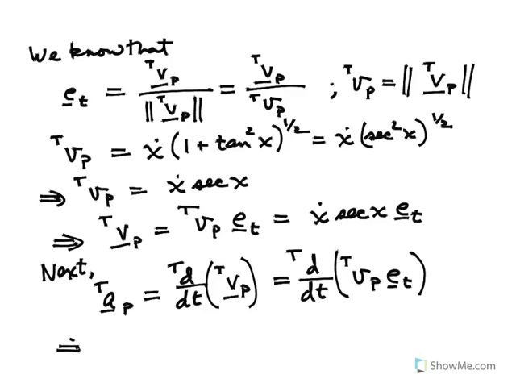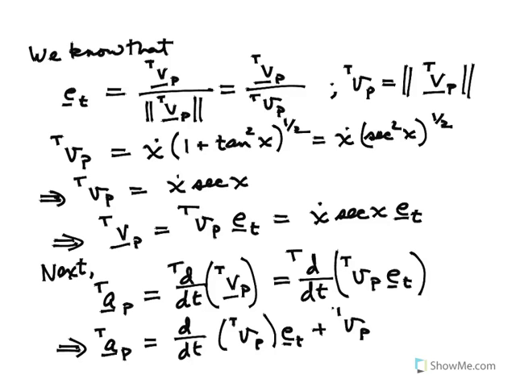So this gives us that the acceleration of P is equal to the rate of change of the speed times the tangent vector plus the speed times the rate of change of the tangent vector. So you can see that we have the speed, so we can compute its rate of change anytime we want. I don't have to do that right now.